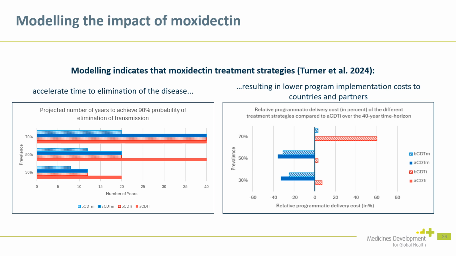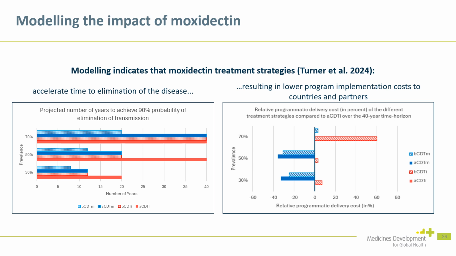The figure on the left displays the projected number of years to achieve a 90% probability of eliminating transmission, showing that Moxidectin significantly reduces the time needed to reach elimination compared to ivermectin given at the same frequency. 4 treatment regimens have been compared: annual or biannual Moxidectin, shown here in blue and labelled as ACDTM, shown in the solid colour, or BCDTM, shown with hatching, and annual or biannual ivermectin, shown in the red bars and labelled similarly as CDTI and BCDTI.